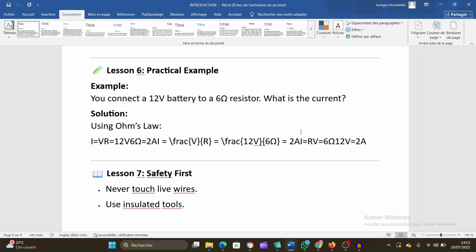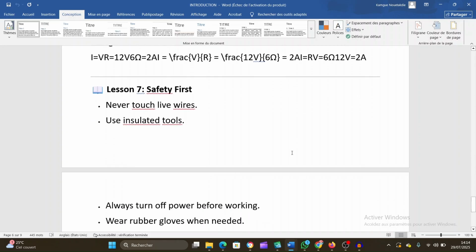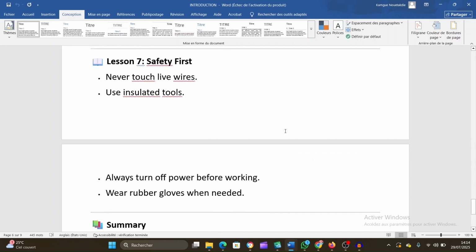The first thing you need to keep in mind as regards safety in electricity is never touch live wires. You understand what we mean by live wires? Let's get back to what we said at the beginning: a live wire relates to the potential difference between two points. We have two wires, the plus and the minus, to make it easy to understand.